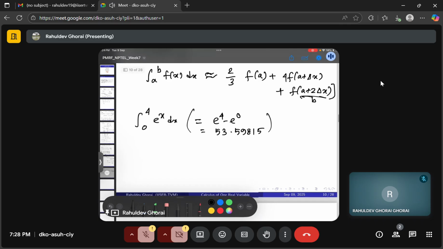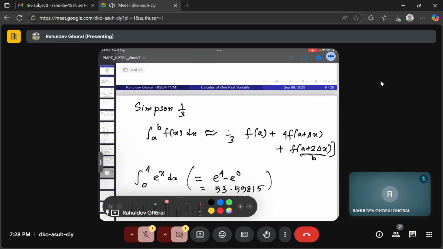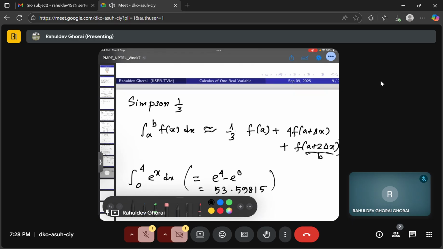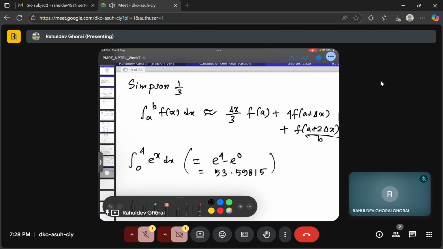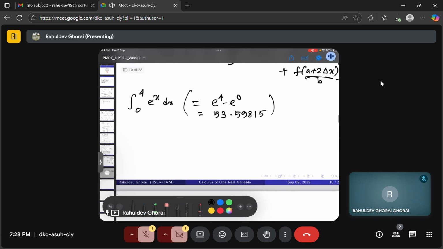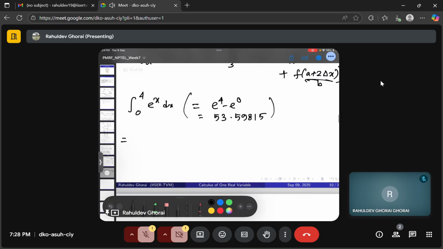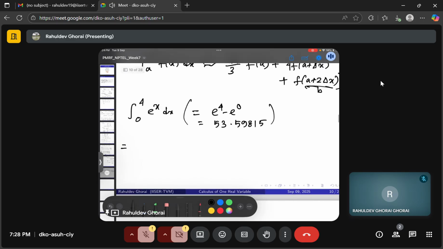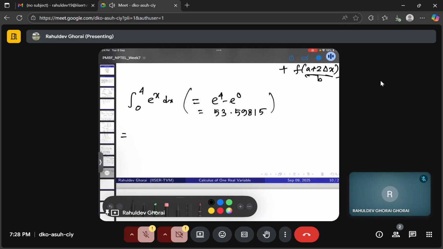But when you use, sorry, this is h over 3, not 2 over 3, del x over 3. In this case, if you use del x equal to 2, then you can have 0 to 4 as 2 intervals.